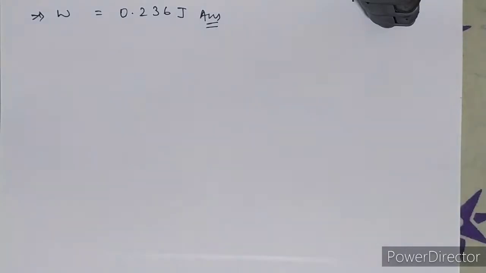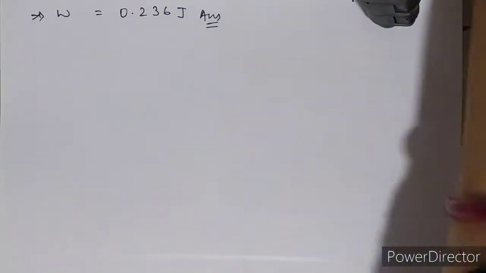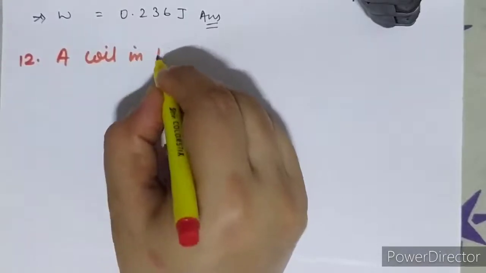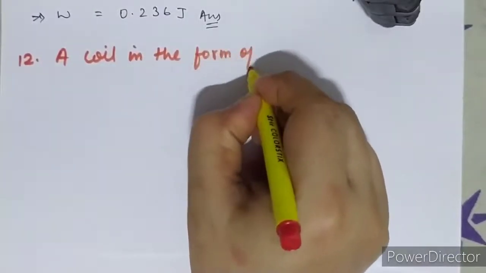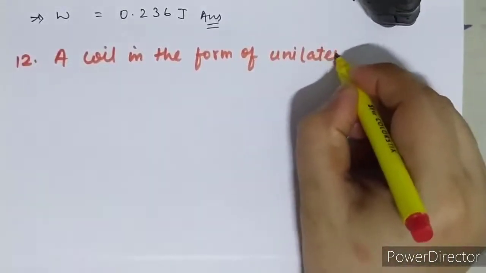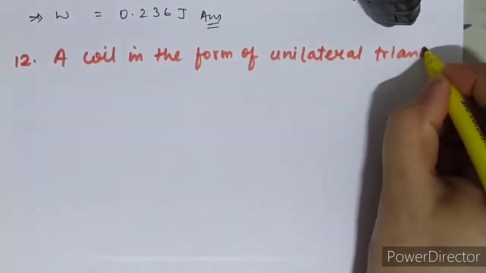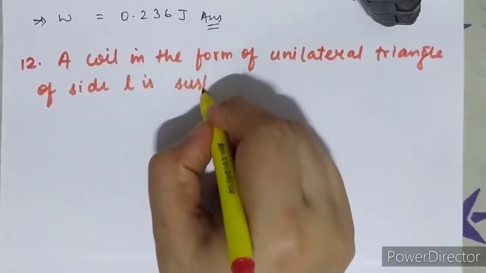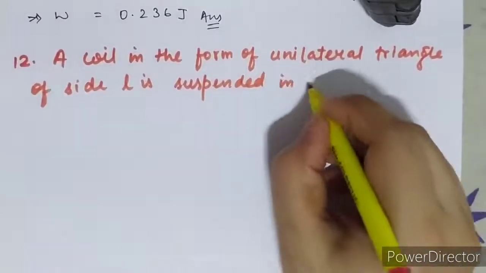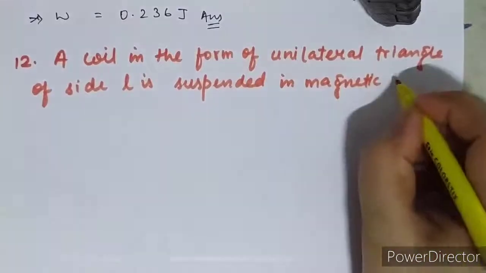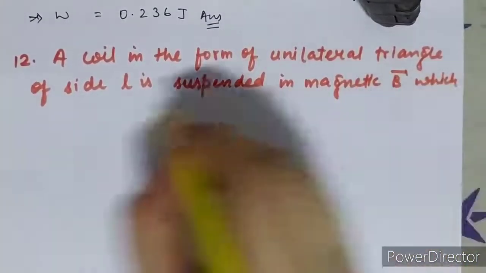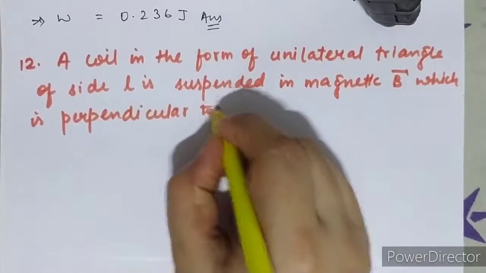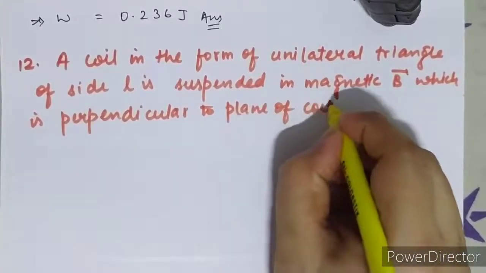Now moving toward the last question of this chapter, the last numerical, numerical number 12. Here the numerical is that a coil in the form of an equilateral triangle of side L is suspended in a magnetic field B, which is perpendicular to the plane of the coil.